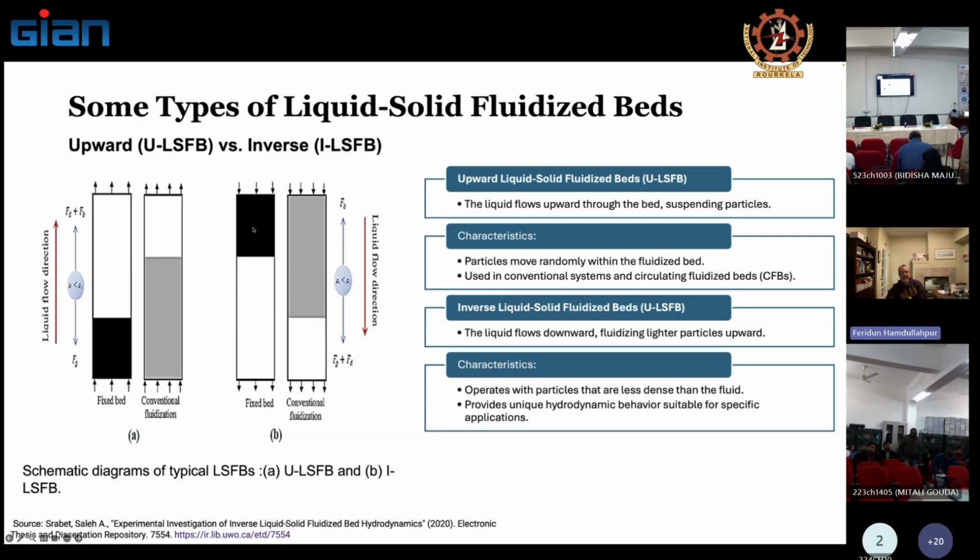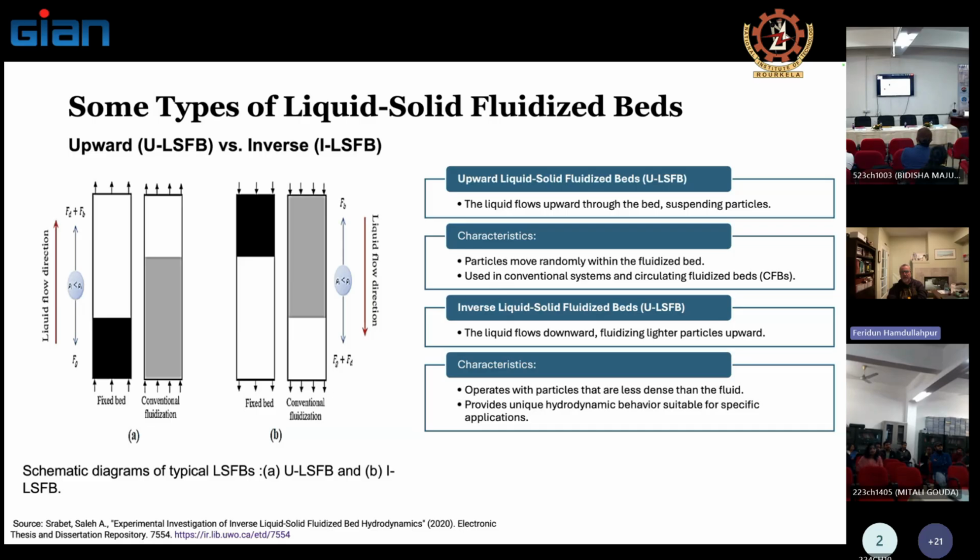In this case, the direction of the flow is downward, and the particles are lighter. So liquid flows downward, fluidizing lighter particles upward. Used for different operations.